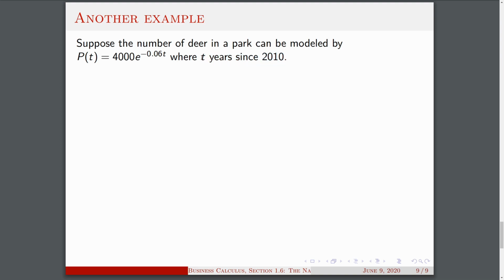This means that t equals 0 corresponds to the end of 2010. So if t is 0.1, that would be a little bit of the way into 2011, like early February 2011. This is a very common way to define the time, so keep that in mind when you're working the problems, that you pay attention to how t is defined.